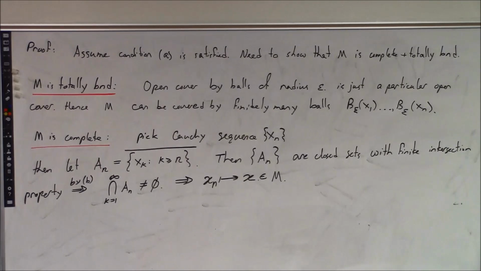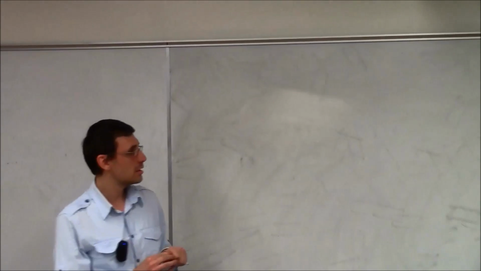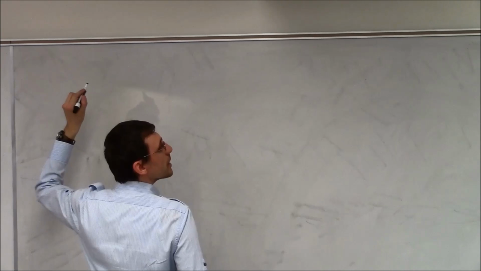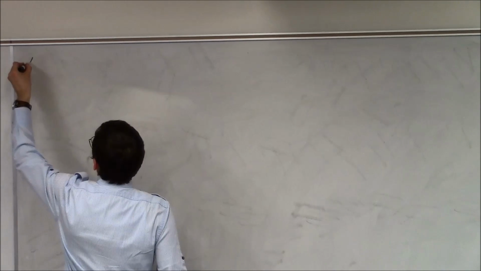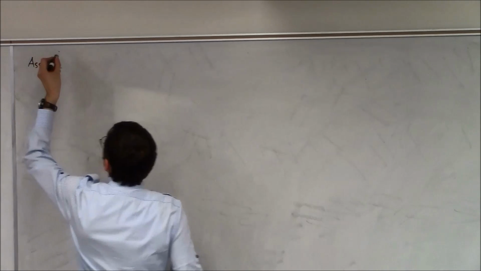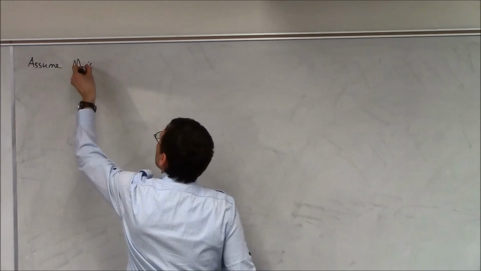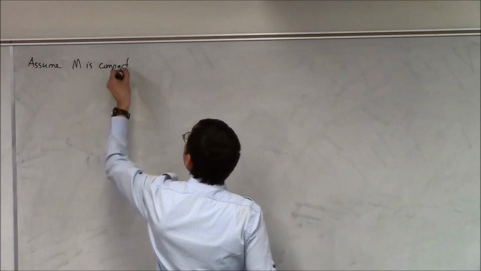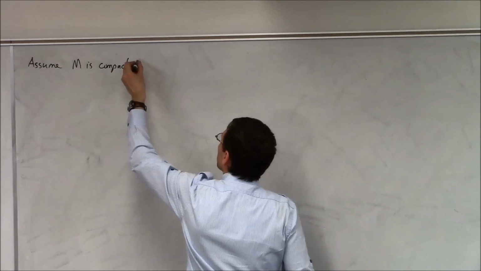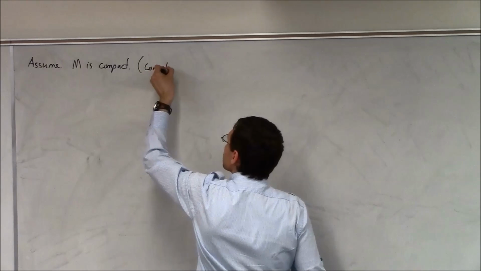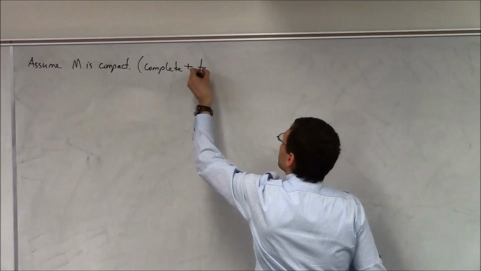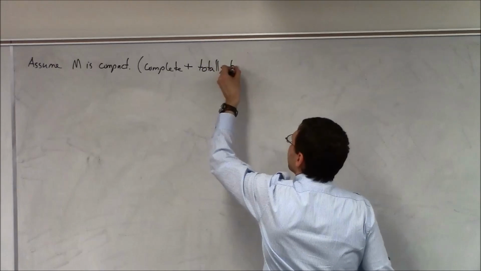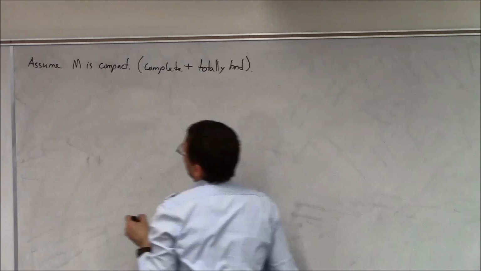So the other part of the proof is a little bit more complicated. Now we're going to assume that our set M is compact. By that I mean complete and totally bounded. So we're going to go by contradiction.